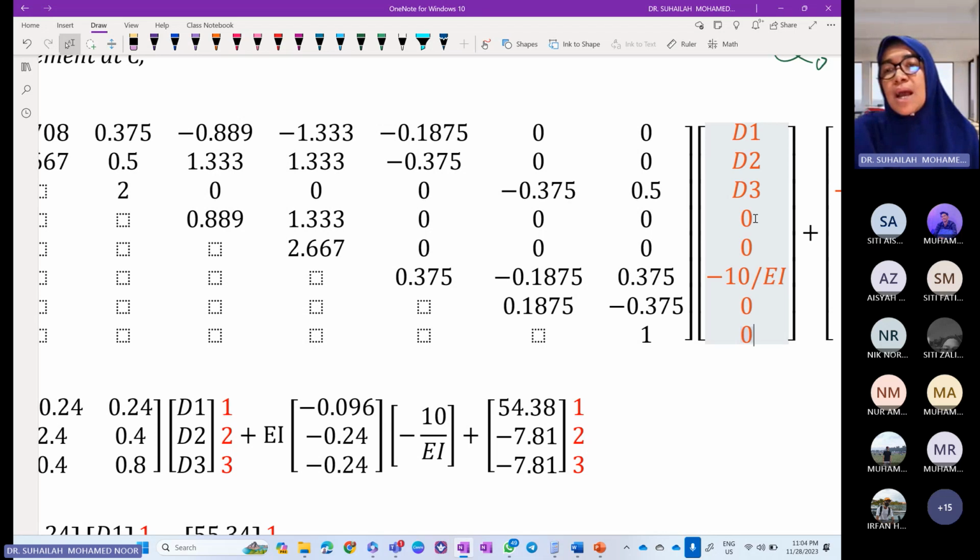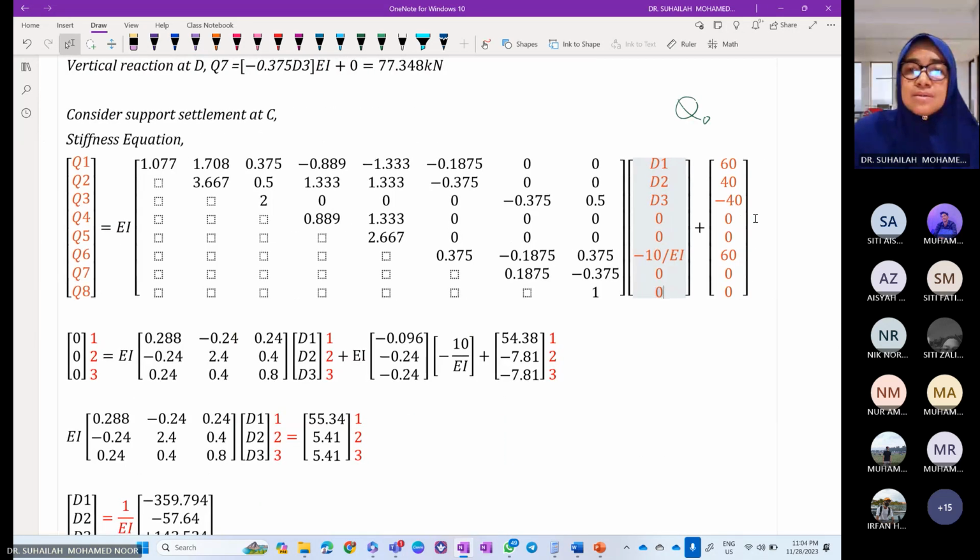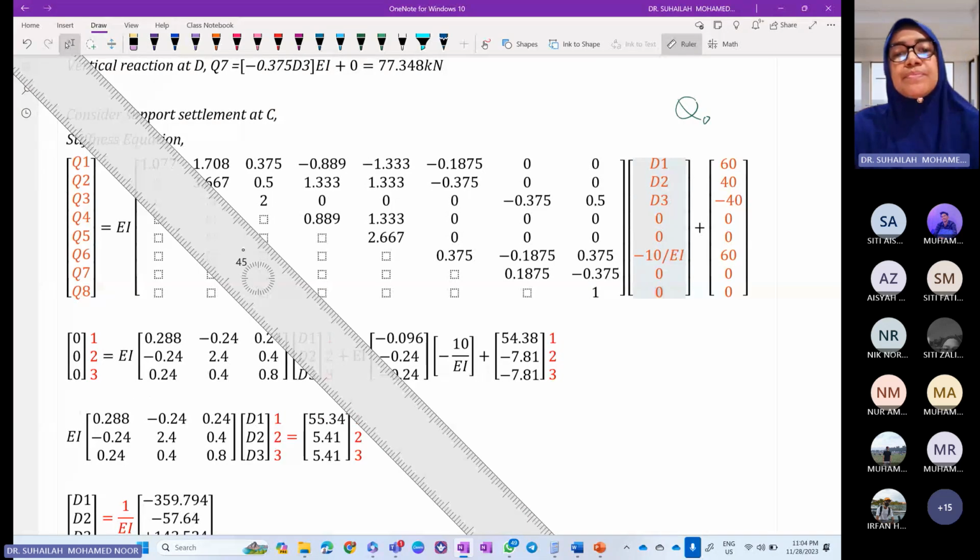Takkan sama setiap orang. Ada orang label dekat C tu 7. So you punya dekat 7 lah. Ada yang label dekat C tu 8. Dia dekat 8 lah. So my case dekat C tu 6. So dia dekat 6. So what is actually happen is bila kita nak solve yang ni. This is mathematic ya.